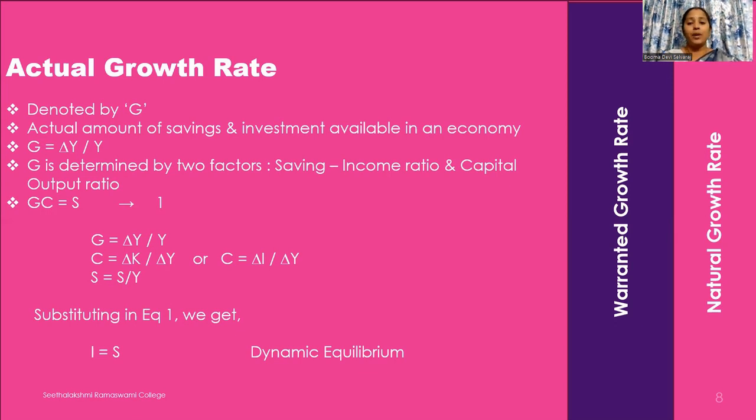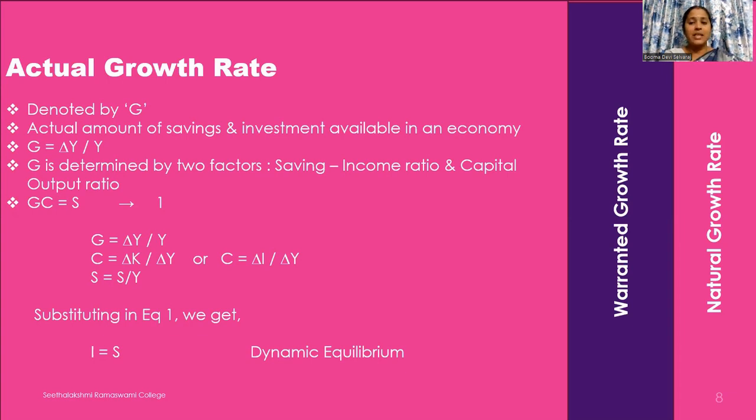The relationship between the actual growth rate and its determinants can be expressed as GC equals S. This equation explains that savings and investment are equal in terms of ratio, where G equals change in income divided by income, that is the actual growth rate. C refers to change in capital divided by change in income, or change in investment divided by change in income, which we can denote as the marginal capital output ratio.